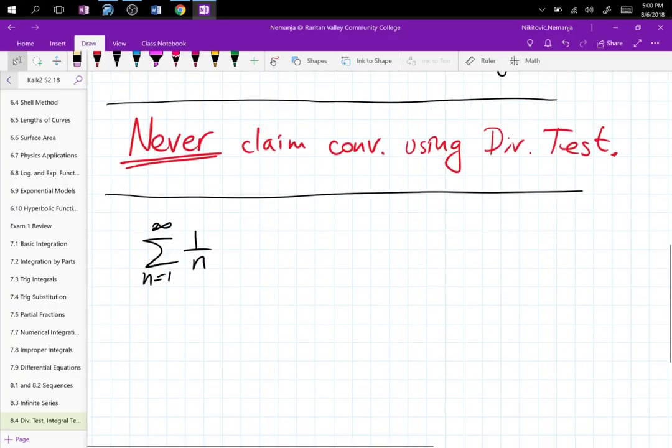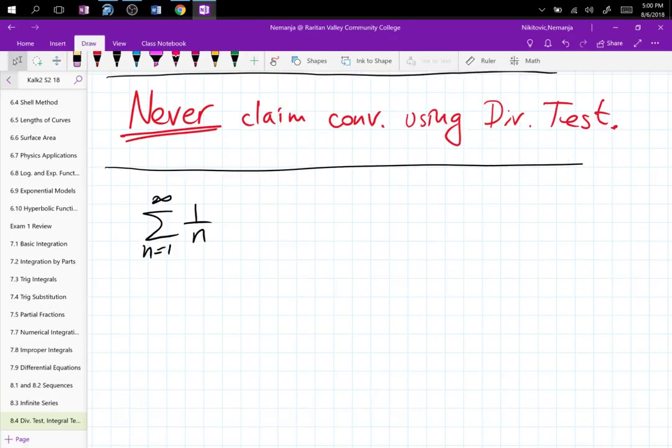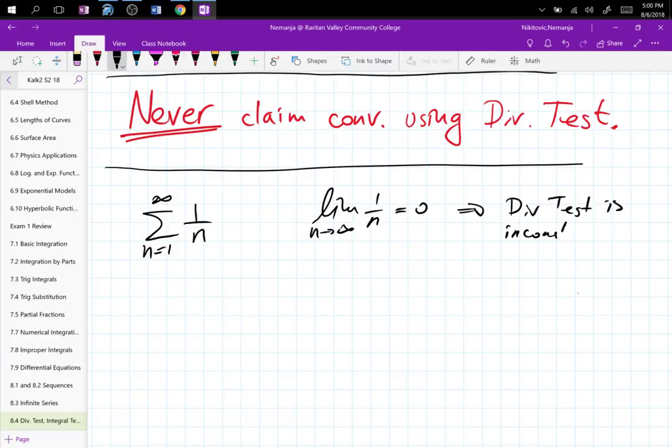So you look at this series, and if you try to use the limit as n goes to infinity of 1 over n, you will get 0. However, all this says is that divergence test is inconclusive. That's all it says.